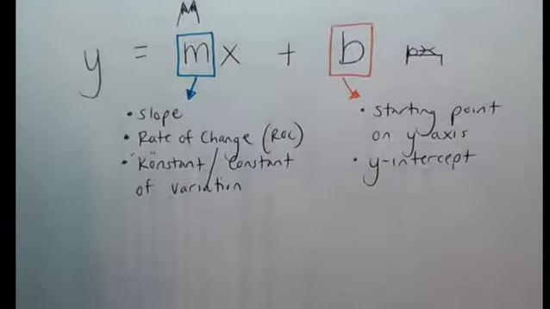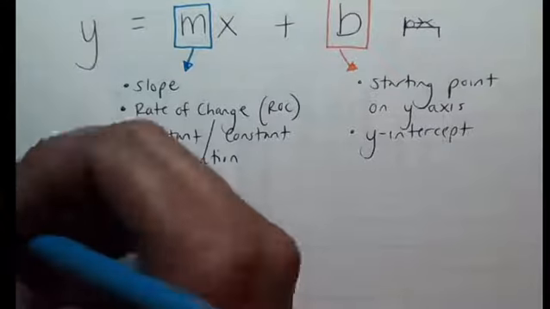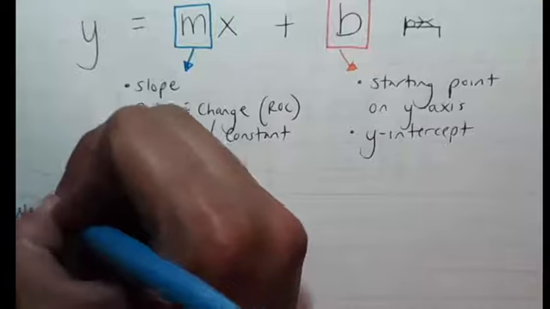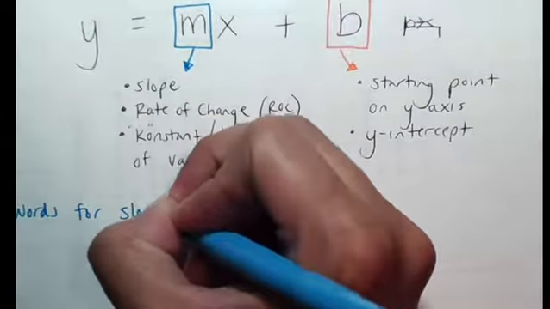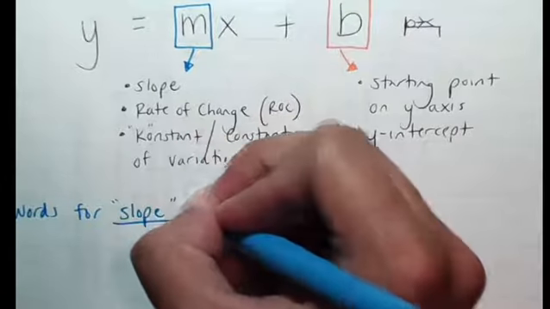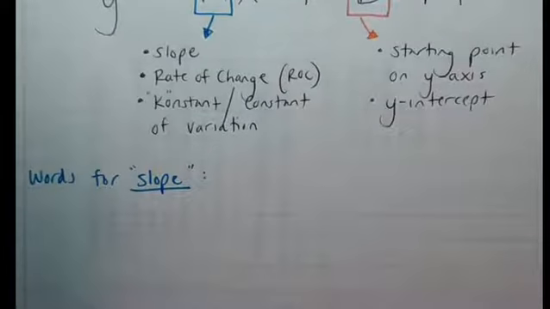Now, as we come to more word problems, we also already identified this in the past, but what are some words for slope? If I give you a word problem, what are some words that we should look for to help us identify what the slope is? There's 3 of them.